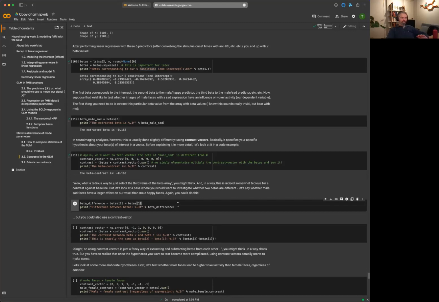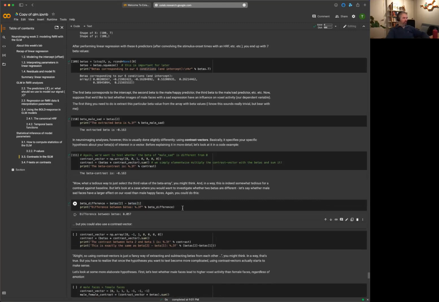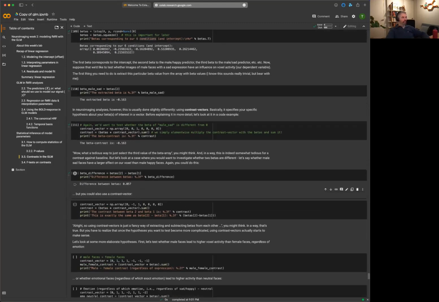So if we want to test an emotion effect in male faces, what we want to do is subtract betas and test whether this difference is significant with a very similar type of t-statistic calculation. So that's what we end up doing here.